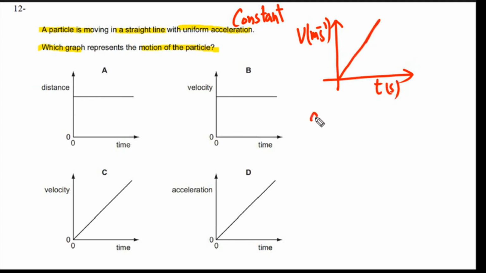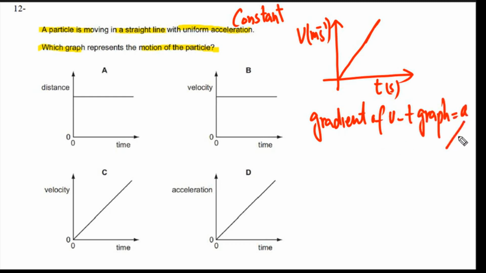The gradient of the vt graph is equal to acceleration. If acceleration is constant, the gradient also has to be constant. If we have this understanding, then we can find the answer.